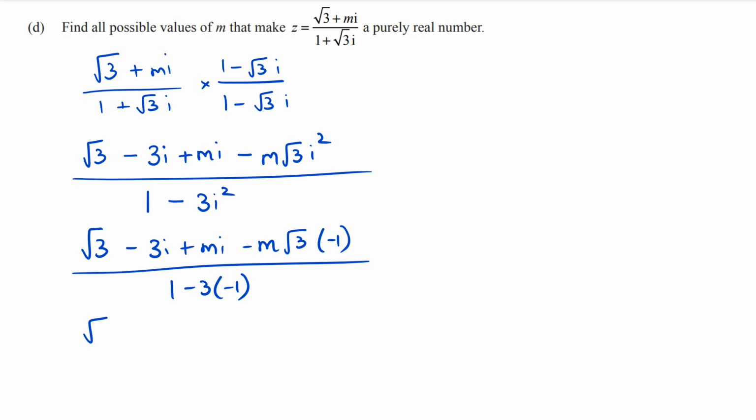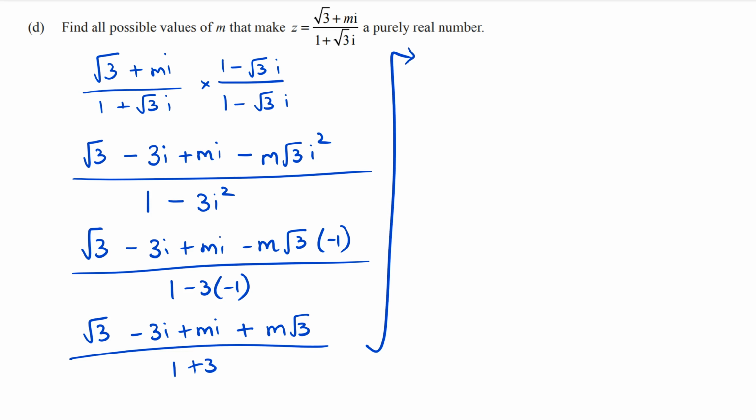So in the numerator, I've got square root of 3 minus 3i plus mi plus m square root of 3, divided by 1 plus 3. And if I keep carrying on, I'm going to get square root of 3 plus m square root of 3 minus 3i plus mi over 4.